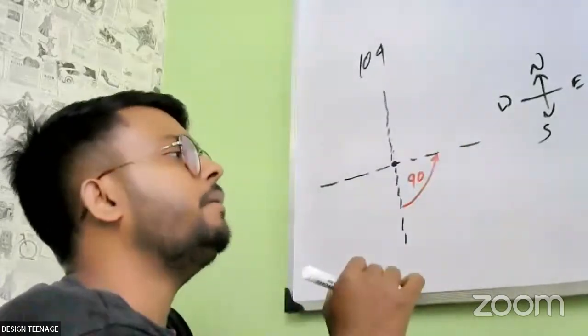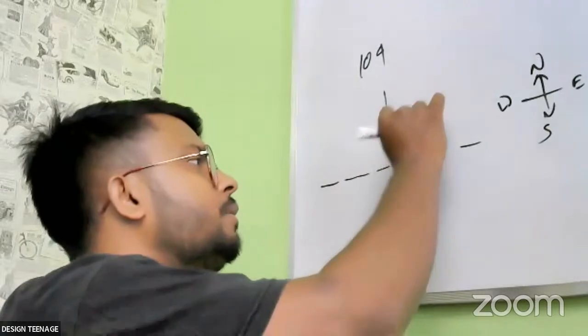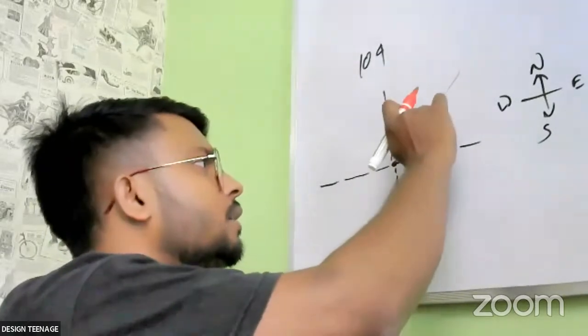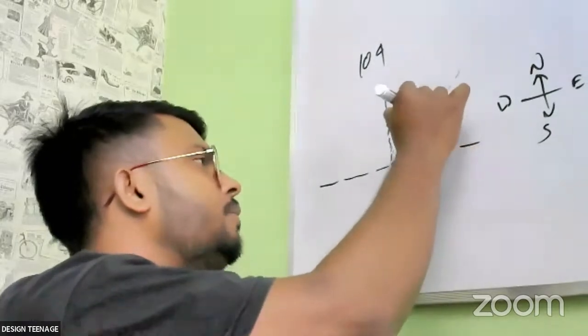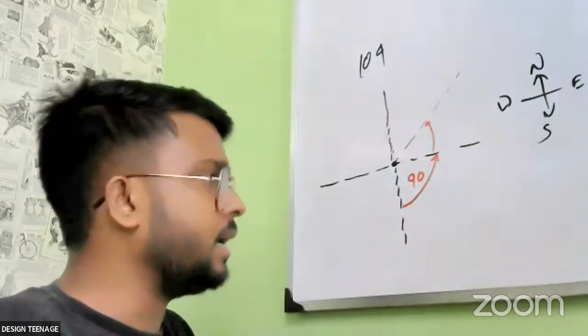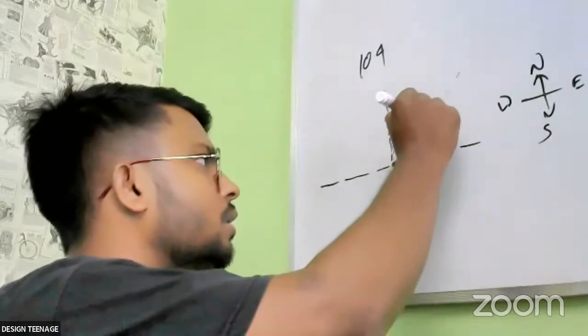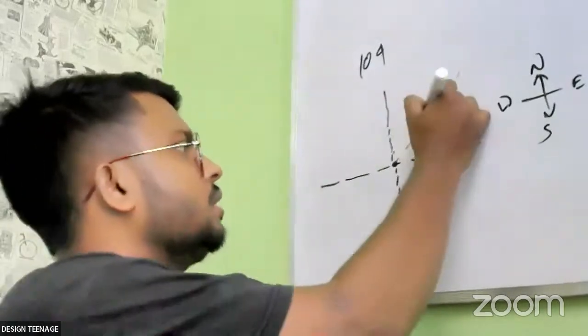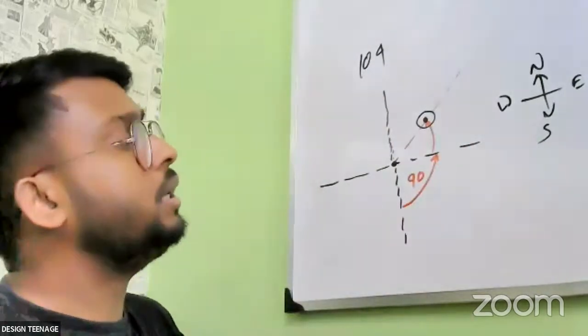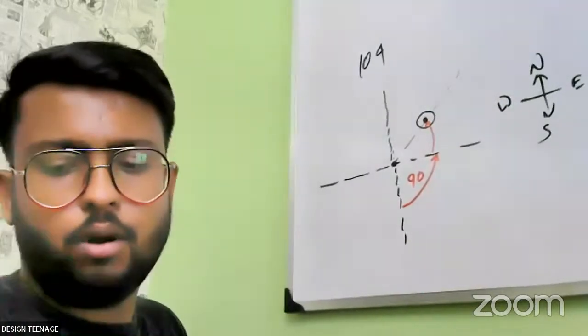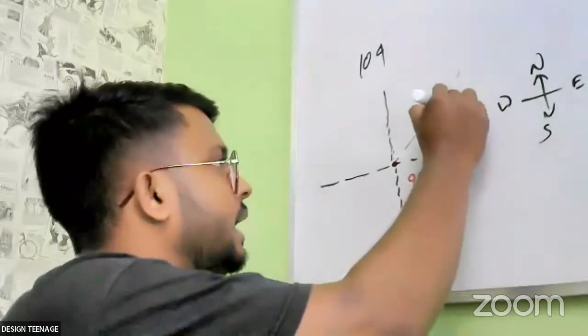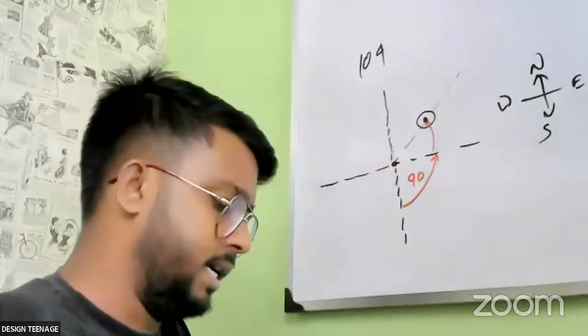Then I am left with 45 degrees, which will be in the center. So this is my current position. I will mark my current position after turning. Now I am turning in the clockwise direction, 180 degrees.